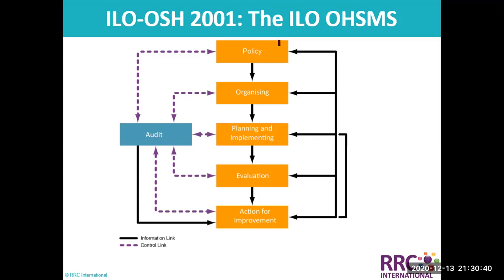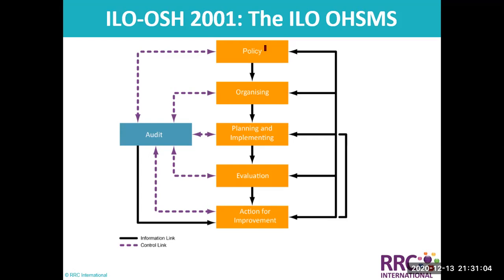So P has to do with the policy, what you want to achieve, what the company seeks to achieve, so that everybody knows what they are all about. And then organizing has to do with looking at the organogram, who does what, who's responsible for what, and the reporting line.